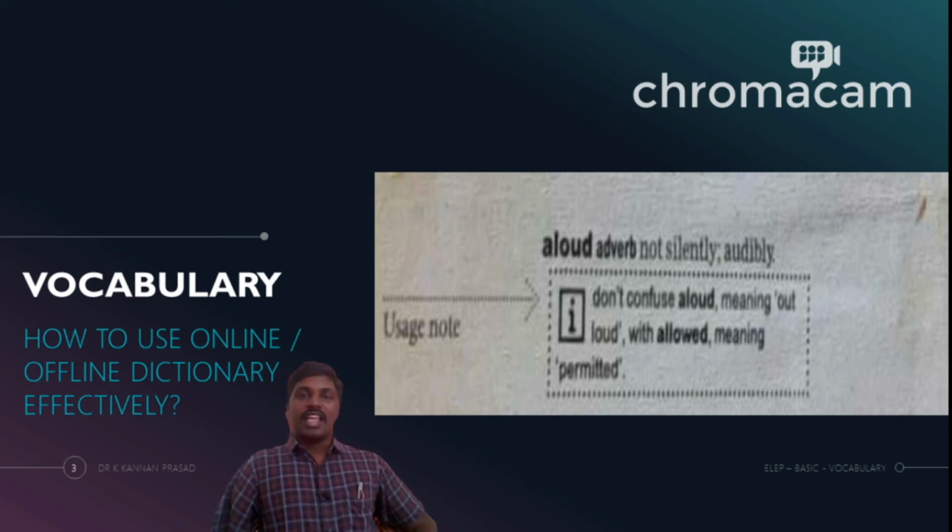So the dictionary is giving you extra information which other dictionaries may not be giving, and that is why it is important to select the right kind of dictionary for anyone. Go ahead and read this. The dictionary is telling you not to confuse allowed meaning out loud with allowed meaning permitted, right? When you pronounce this, you could of course understand that aloud and allowed are similar in pronunciation.